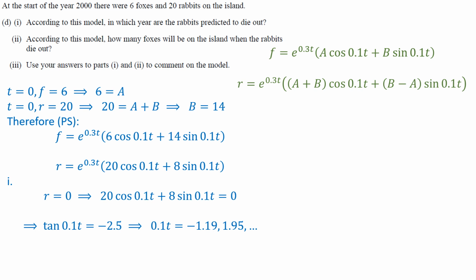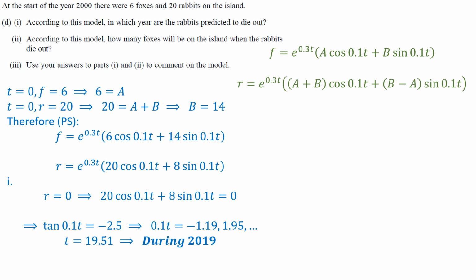So when will the rabbits die out? It's going to be in the future, or after the year 2000 at least. So we need to find the first positive value for t. And if we take 0.1t equals 1.95, we get t equals 19.51. t is measured in years, which means we're talking about the year 2019. 19.5 years after the start of the year 2000, we're going to be halfway through the year 2019.